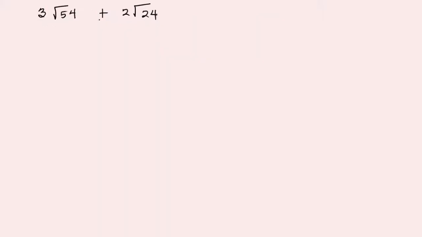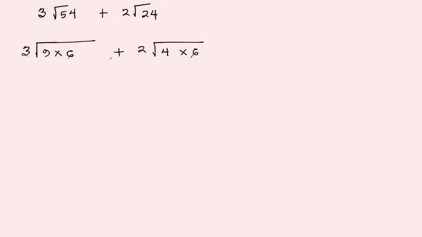Now obviously these are not like terms, so we can't combine them. So how can we do that? We have to simplify both terms. And so to simplify this, we have 3, and 54 can be broken down as 9 multiplied by 6. And we know that 24 can be broken down as 4 multiplied by 6.